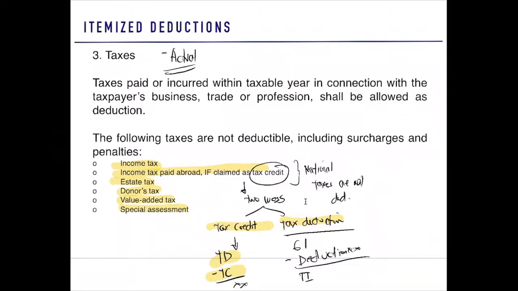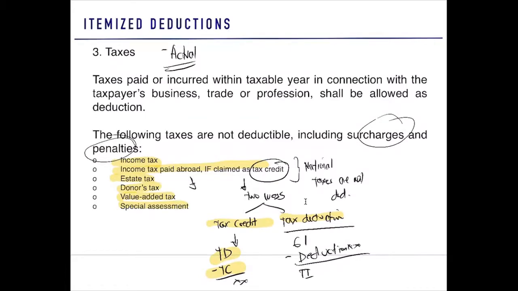Okay? So the rule, taxes are deductible based on their actual amounts, except for certain items of taxes, which includes their surcharges and penalties. What are those? We have your income tax, we have your value-added tax, we have your SC tax, and we have your donor's tax, including a special assessment. Also, income tax abroad can be deducted.